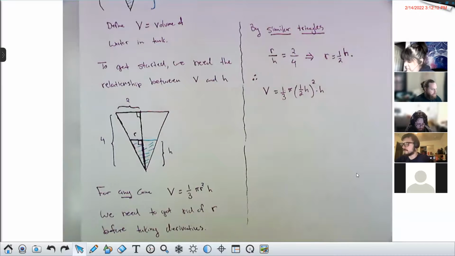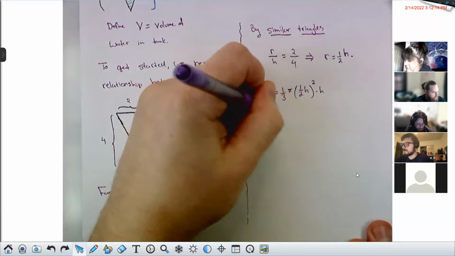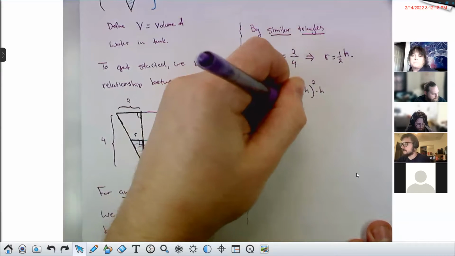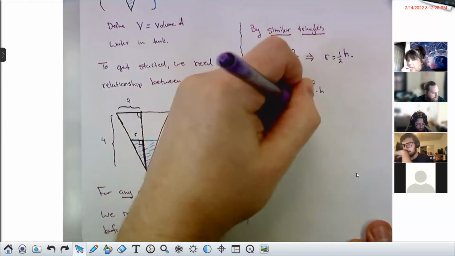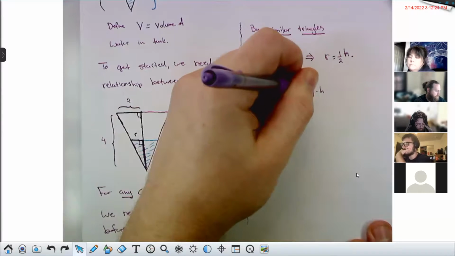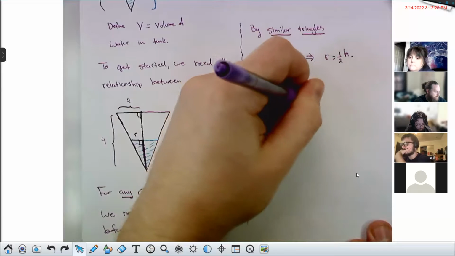I'd like to clean this up before we differentiate. That's 1/3 pi times 1/2 squared is 1/4, h squared times h is h cubed.